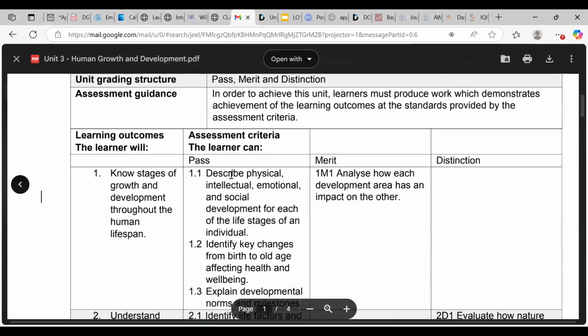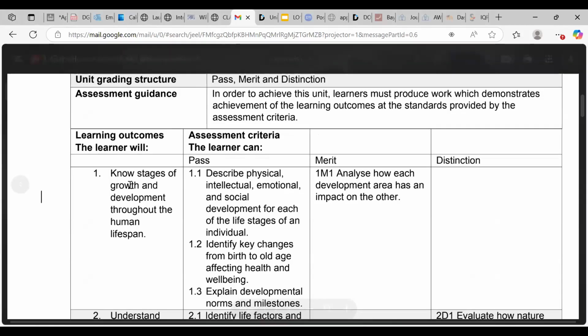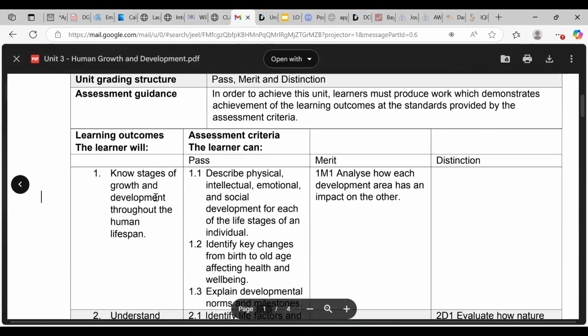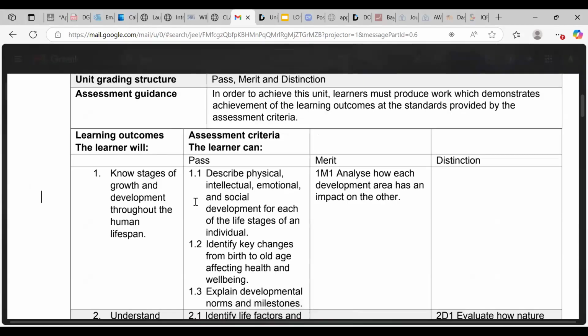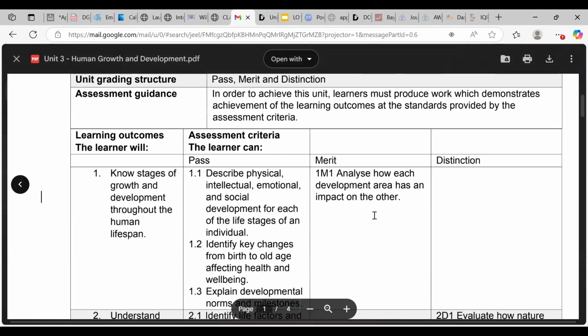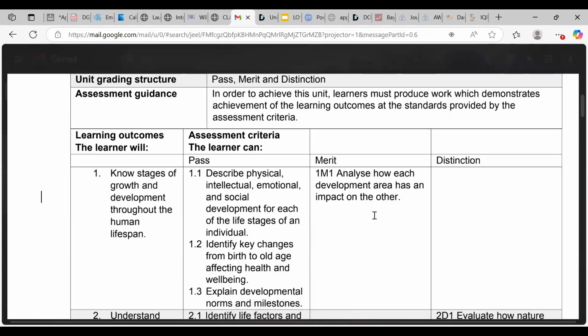At the end of this unit, you should be able to know the stages of growth and development throughout the human lifespan. This means that you will describe physical, intellectual, emotional, and social development for each of the life stages of an individual. You would be able to identify key changes from birth to old age that affect health and well-being.